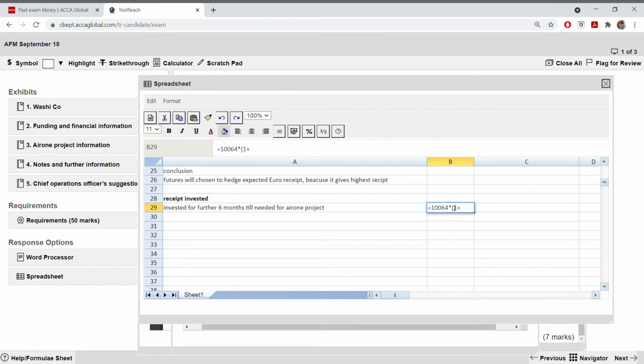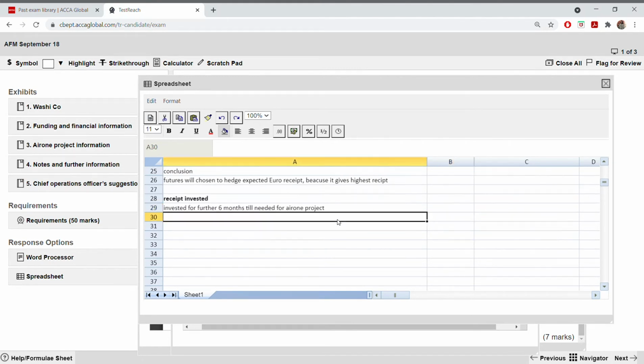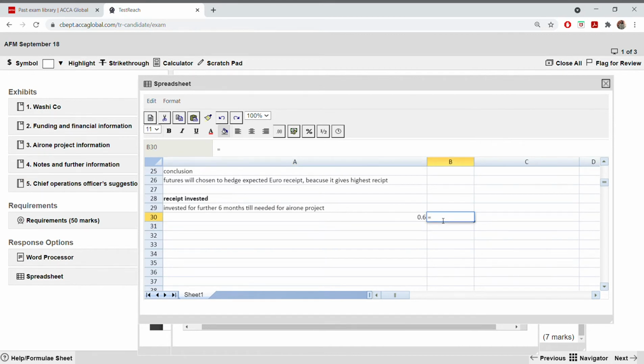The rate was 1.2%, so it will be 1.2% divided by 2, and then you have to add 1. I will put it somewhere here, because if you put it in one line it will not fit. So 1.2 divided by 2 is 0.6. Now I can put it.